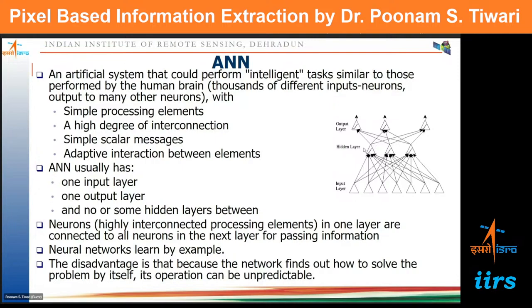These neurons are highly interconnected processing elements; each neuron in one layer is connected to all neurons in the next layer for passing the information. Neural networks learn by example. The disadvantage is that because the network finds out how to solve the problem by itself, its operation can be unpredictable.